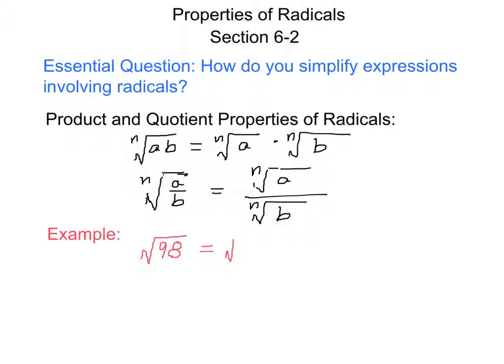So this is equal to the square root of 49 times 2, which is equal to the square root of 49 times the square root of 2, or more simply, 7 times the square root of 2.